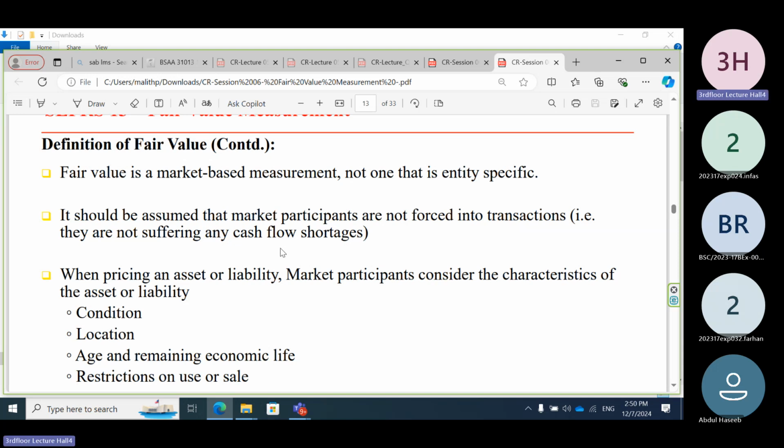You will know, then only you can understand restriction on use of sale, age and the remaining economic life.